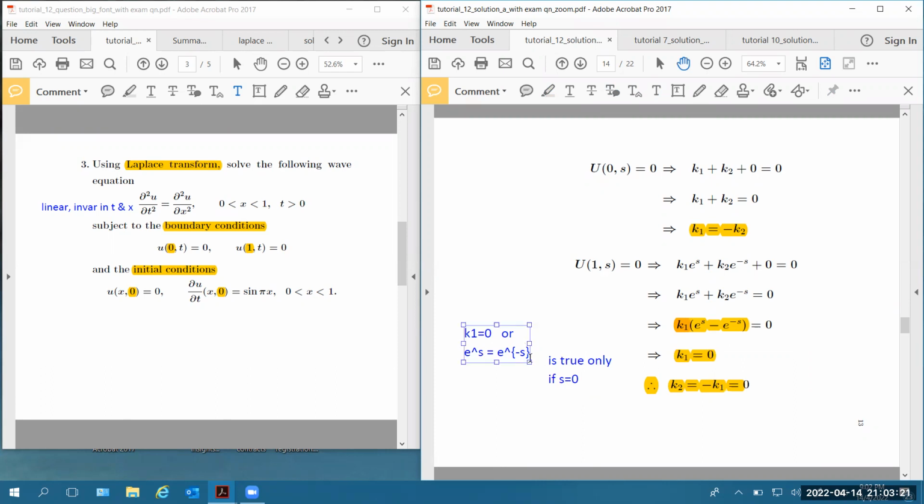So it's not for all s. So that's why you can't have this. So the only choice is K1 equal to 0.